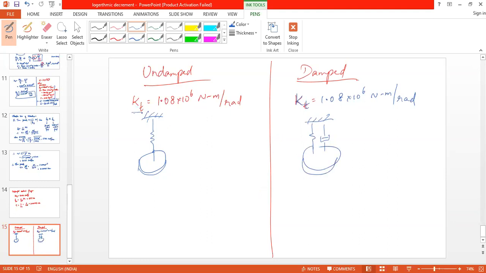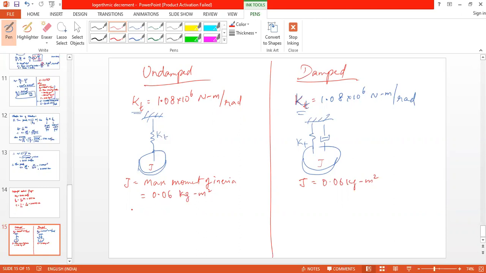The value of Kt is same for both the cases. And what about the mass moment of inertia J? Mass moment of inertia is 0.06 kg meter square. And here also it is same, J is 0.06 kg meter square. It is the mass moment of inertia of the disk. It also won't change.